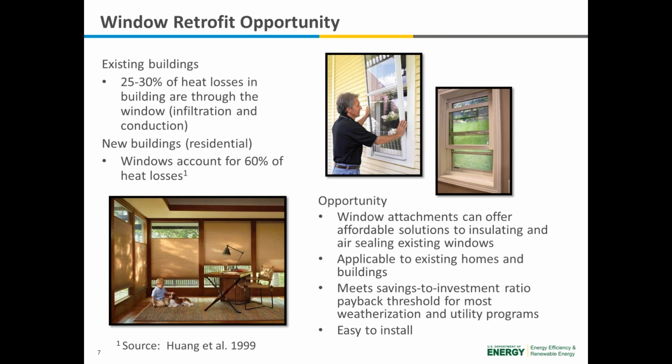So the point here is that if you want to reduce the heating and cooling load of a building, you really need to mind the gap. You need to look toward the opening in the shell, and that's really what window attachments are focusing on.